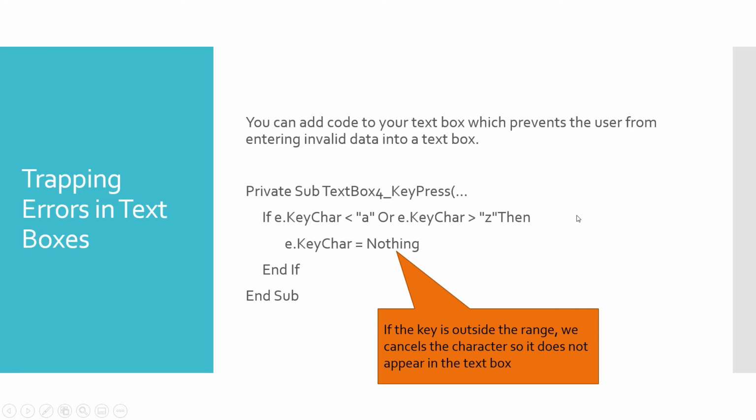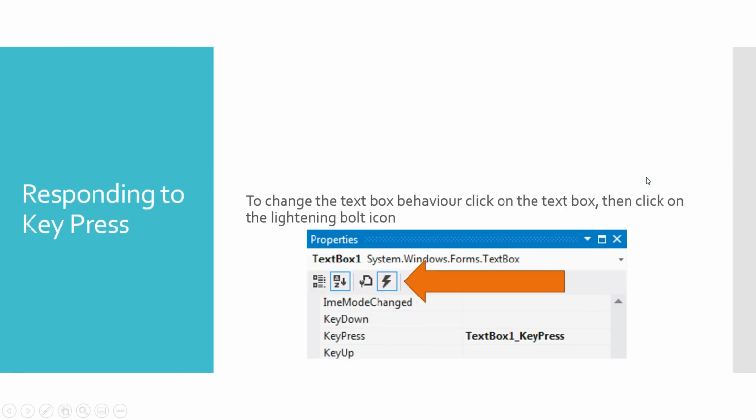Now, to use these events, what you have to do is, first of all, add your little code snippet like this. And then once you've done that, you need to go to the text box in the properties. You go into your form designer, click on the text box once, and head down to the bottom right-hand corner of the screen, which is where you've got your properties. We click on the lightning bolt, this thing here.